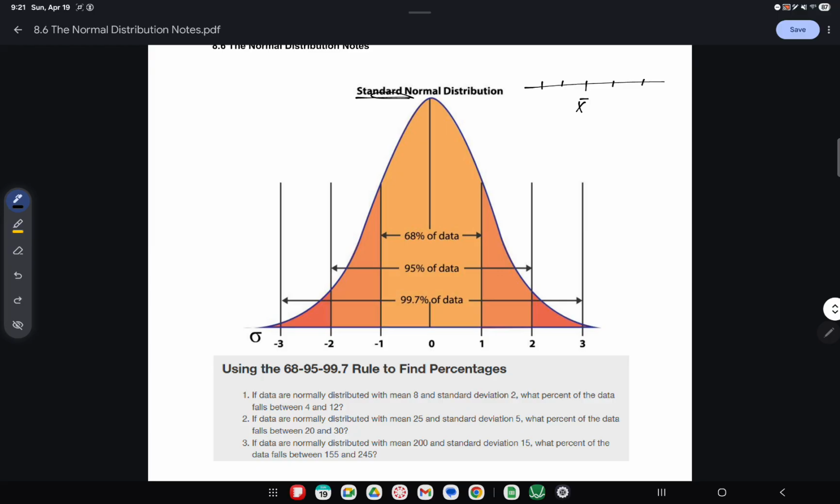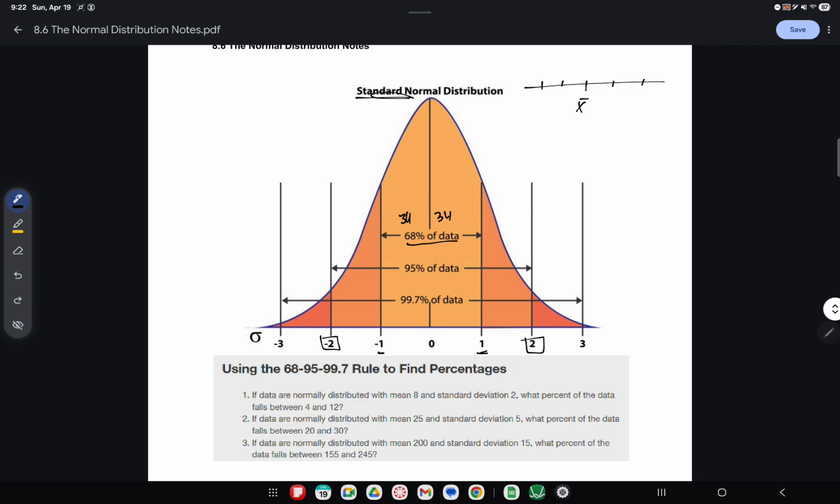Some properties about this bell curve is that typically within one standard deviation, 68% of the data is covered, which if we split it in half, we get 34 and 34%. Right. If we go out a second standard deviation from the mean, we now cover 95% of the data.